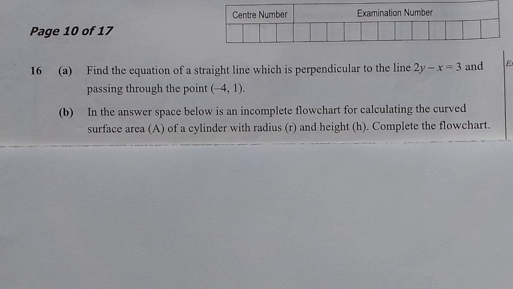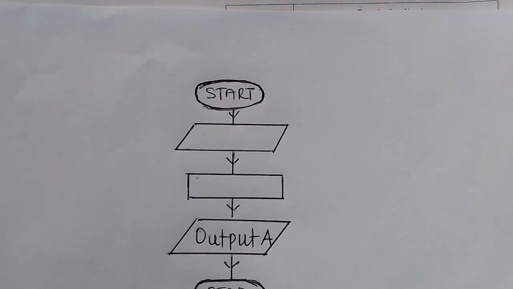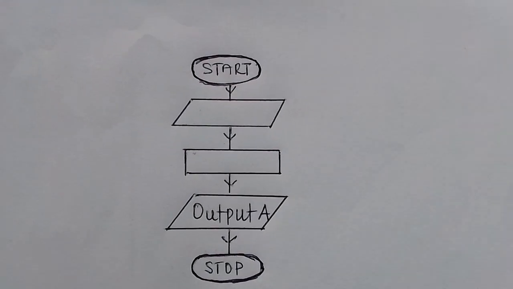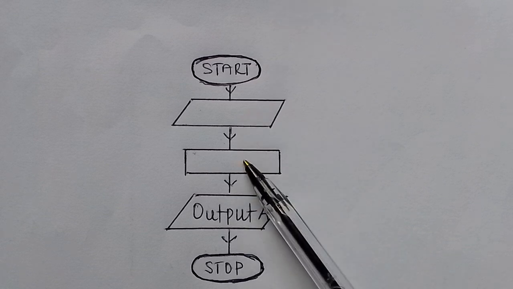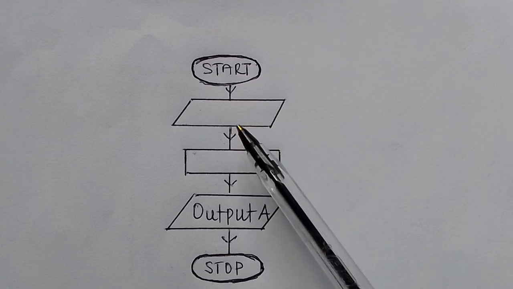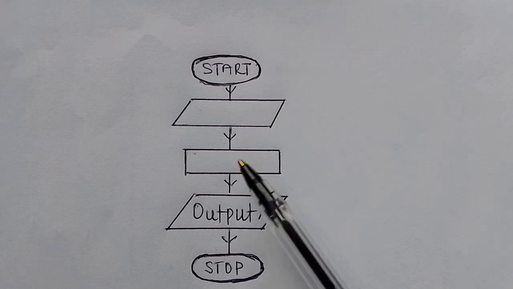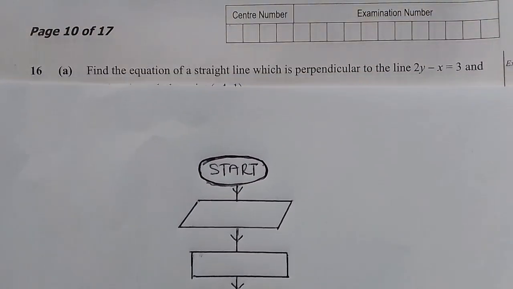So for this part, we are going to fill up the flow chart, which is given in this form. There are two empty boxes here, so we'll discuss what should be in this box and also what should be in this box.